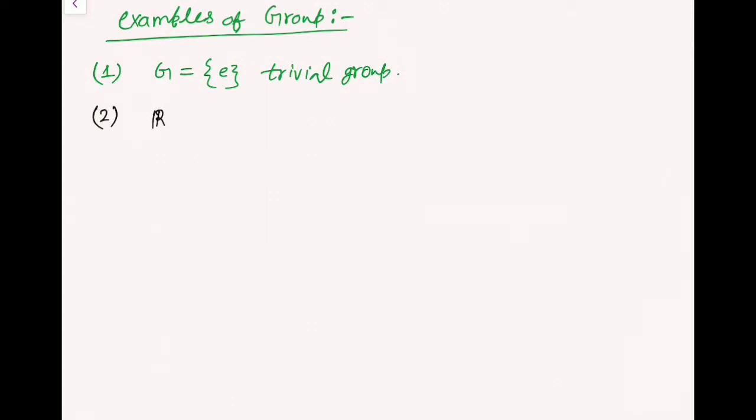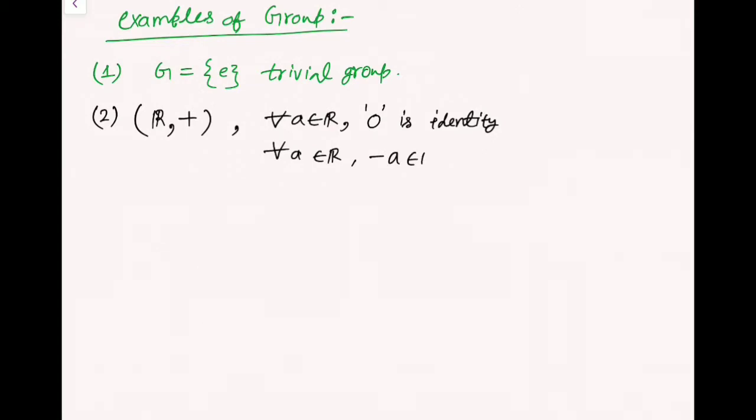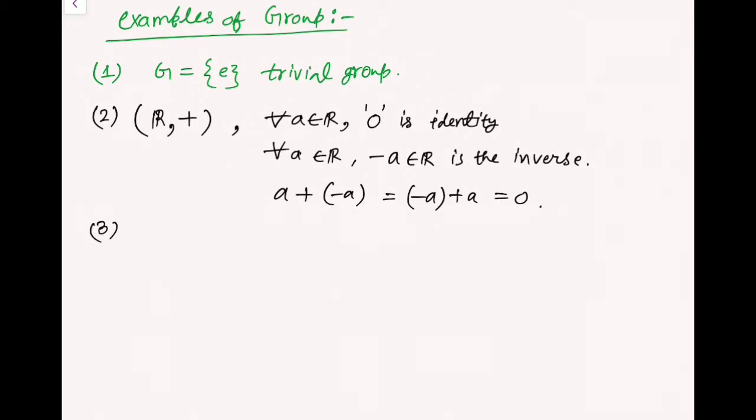Second example is if we take R with the usual addition, then this is also a group, because for every element in the set R, 0 is the identity, and for all A in R, minus A in R is the inverse, because A plus minus A is equal to minus A plus A is equal to the identity element.